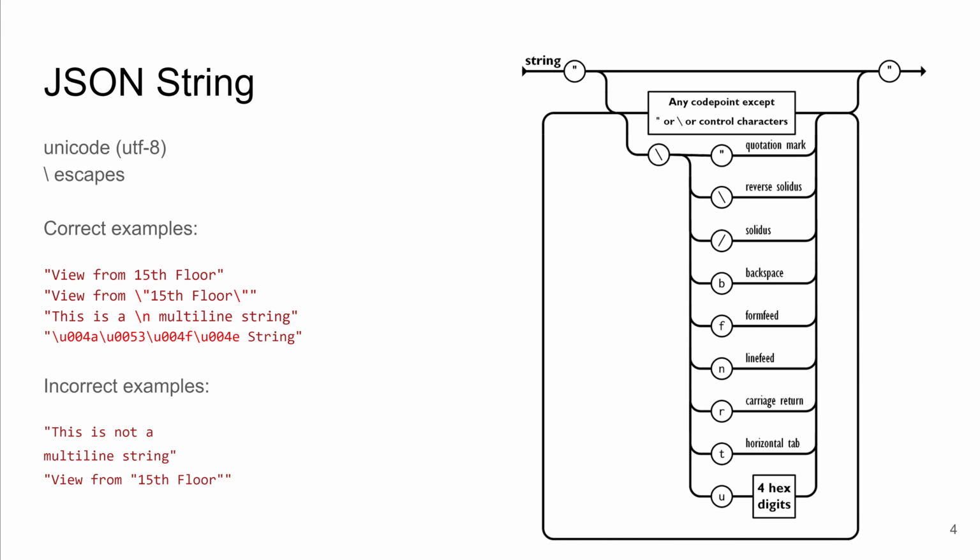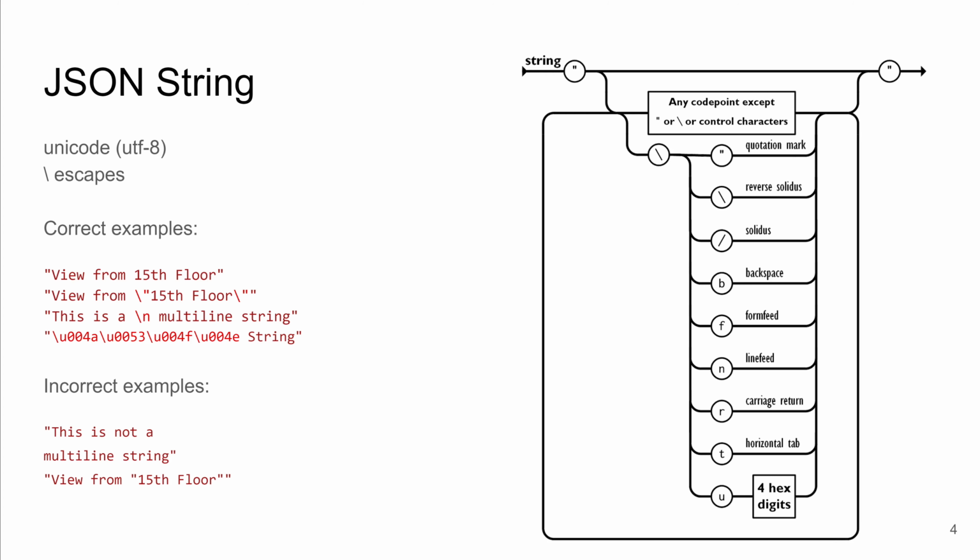So that's again a quotation mark or a double quote, then backslash and slash, and then backspace, form feed, line feed, carriage return. So those are new line characters, and then also horizontal tab. And in JSON, we can also escape any character using 4 hexadecimal digits.